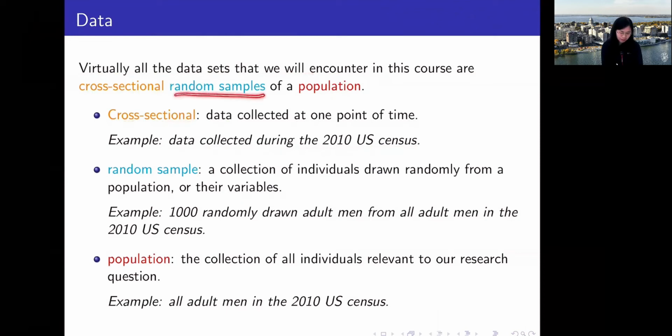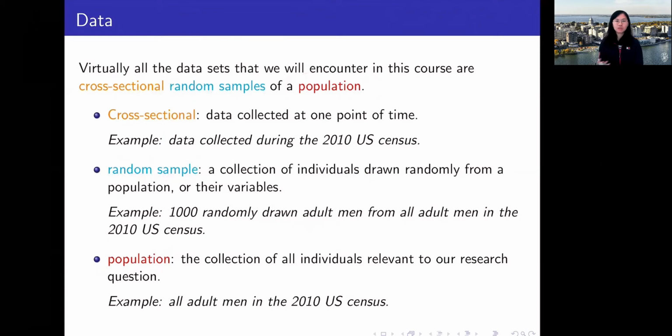Then what do we mean by random sample? A random sample is a collection of individuals randomly drawn from a population. For example, 1,000 randomly drawn adult men from all adult men in the US. And what about a population? A population is the collection of all the individuals that are relevant for our research.